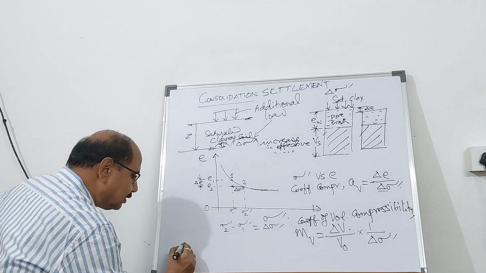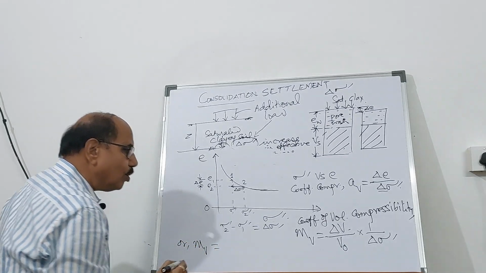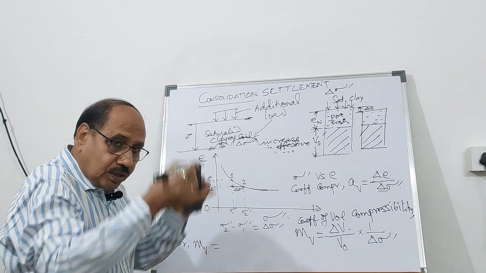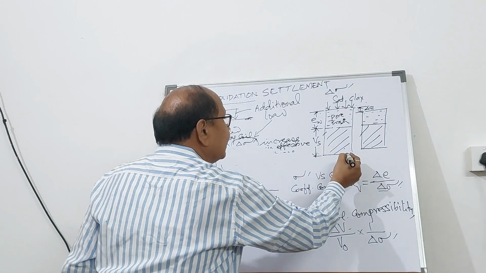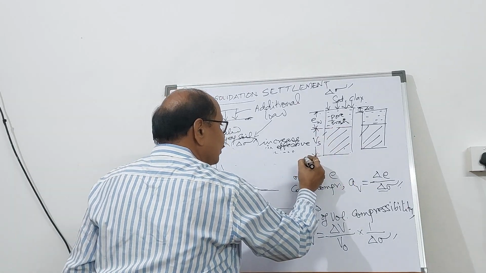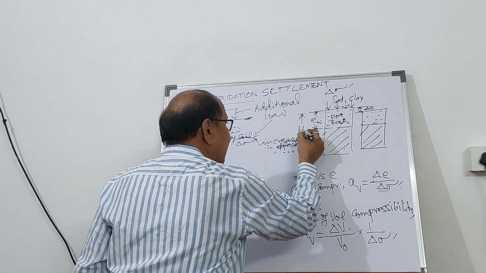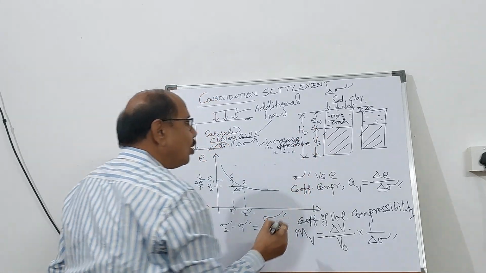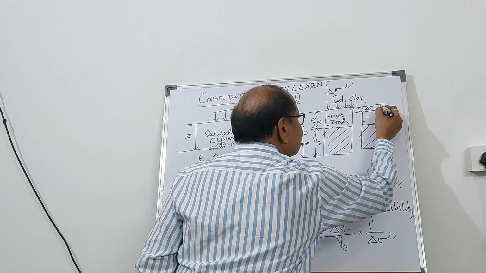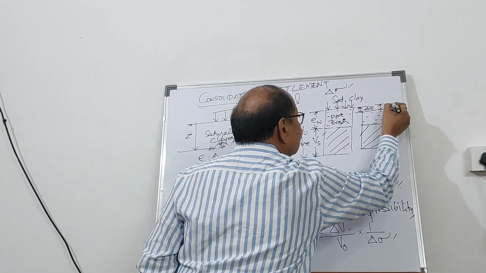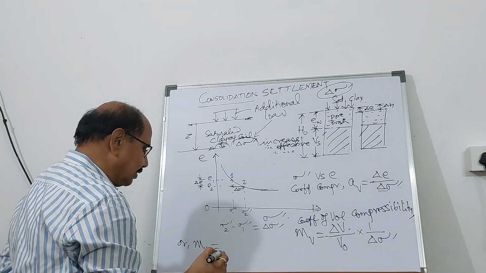In other words, for one-dimensional consolidation, delta V will be given by the height, which will be the total original height, H naught, and this is going to be the change in the height, delta H, and this is going to be delta sigma prime, the increase in the effective stress.